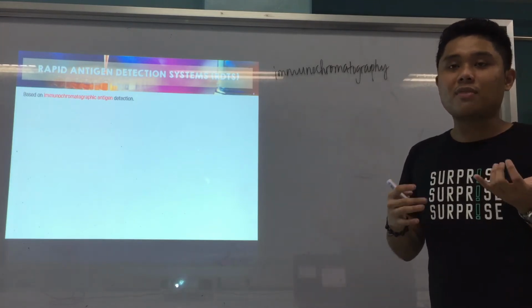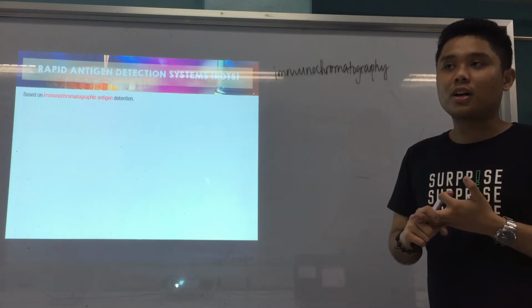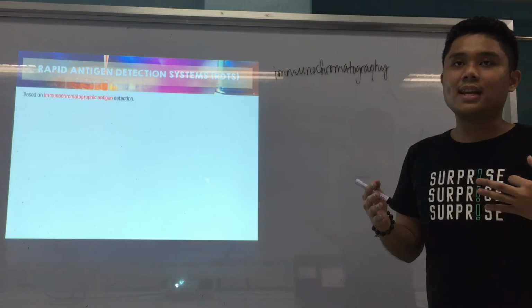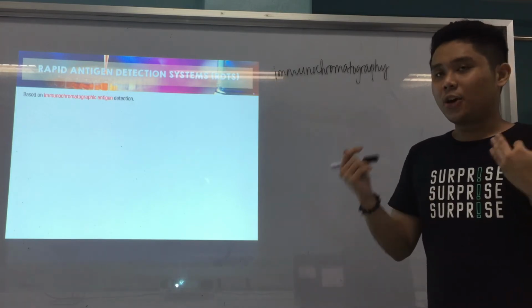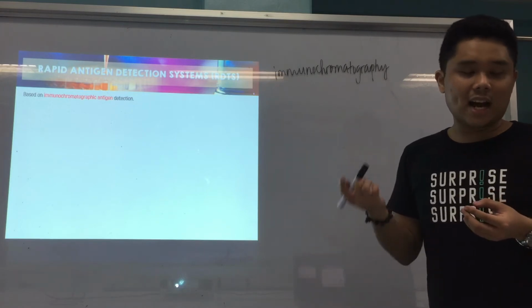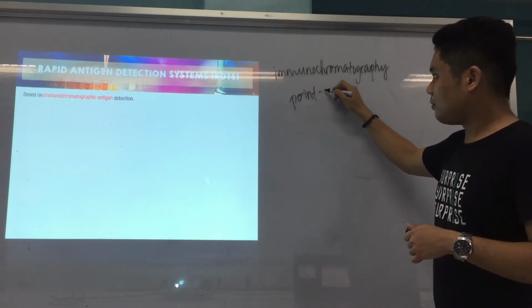Your test kits are very rapid, available, convenient, and they offer accessibility to testing in the homes. Actually, your test kits are designed primarily for testing at home, for POCT or point of care testing.